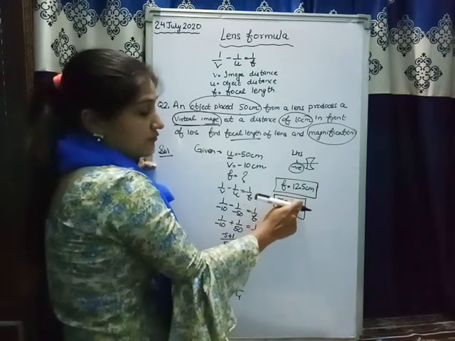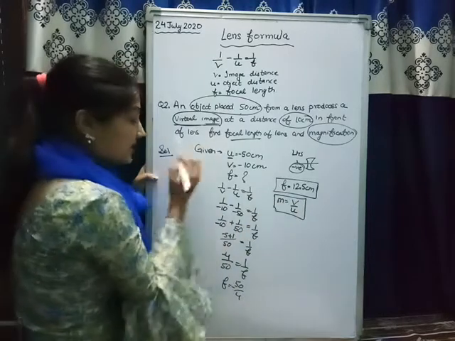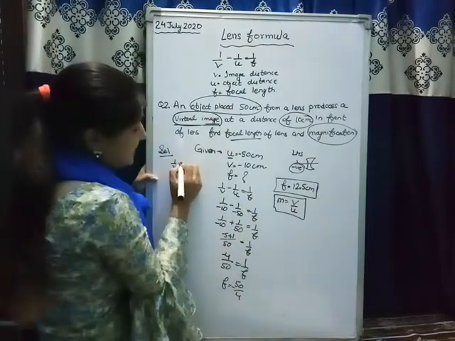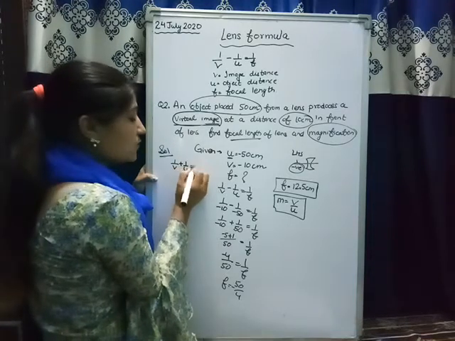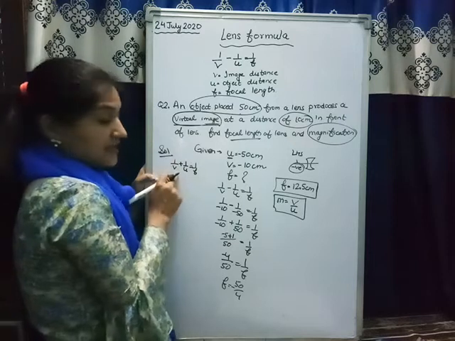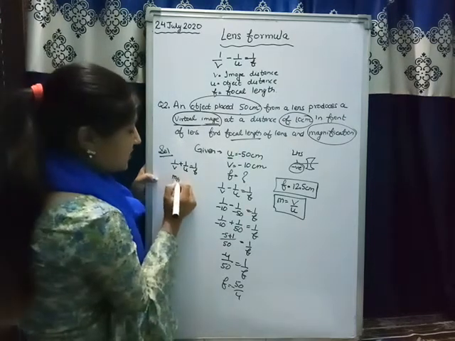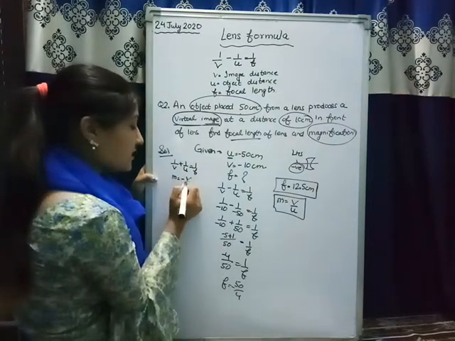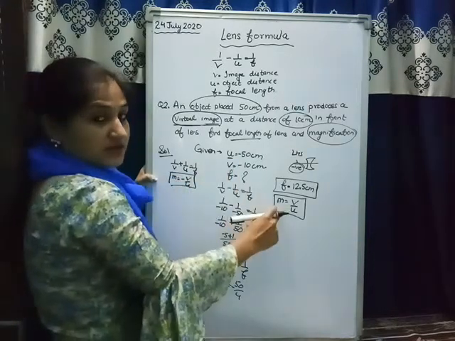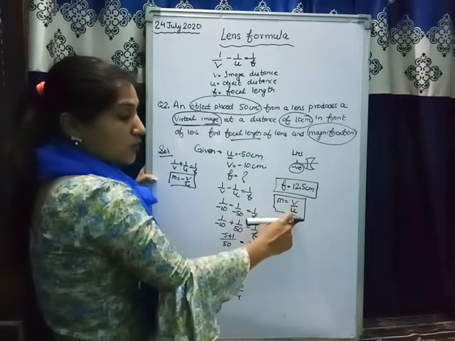M is equal to V upon U. In the case of a mirror, the formula is 1 upon V plus 1 upon U is equal to 1 upon F. This is the mirror formula. And in this case, when we find the magnification, it becomes minus V upon U. And in the lens formula, the magnification becomes V upon U.